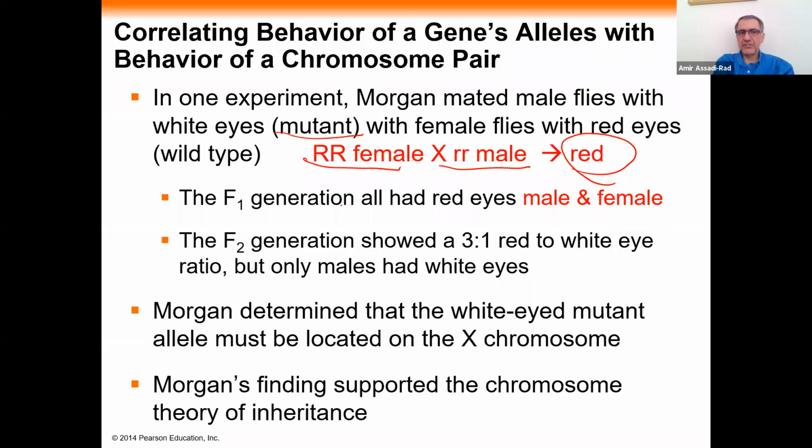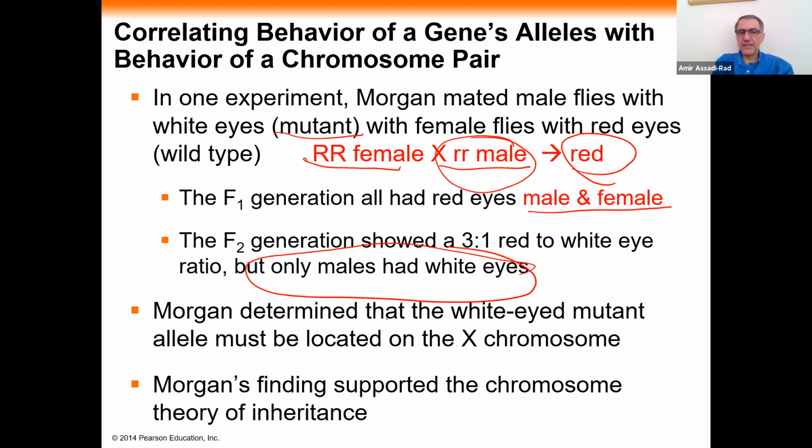The F1 generation all had red eyes, male and female, both of them. In the F2 generation, he showed a 3-to-1 ratio of red to white eyes, but only males had white eyes. So he said, what is going on? Why do only males have the white eyes?